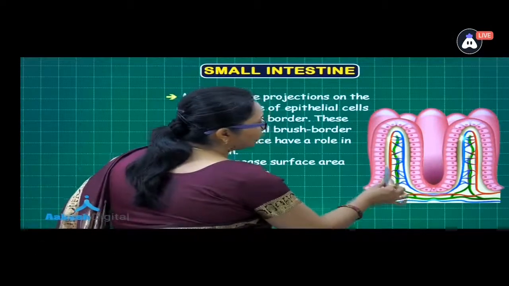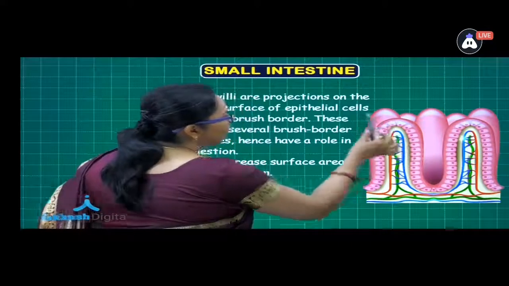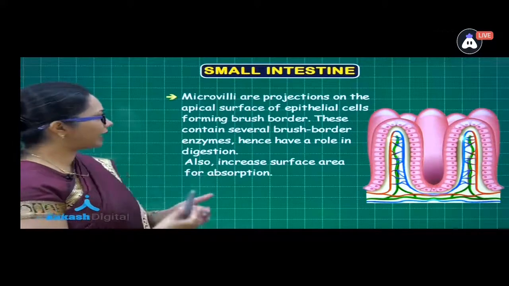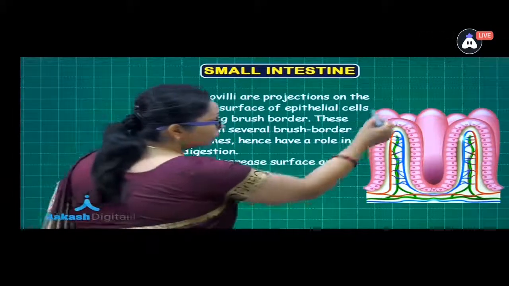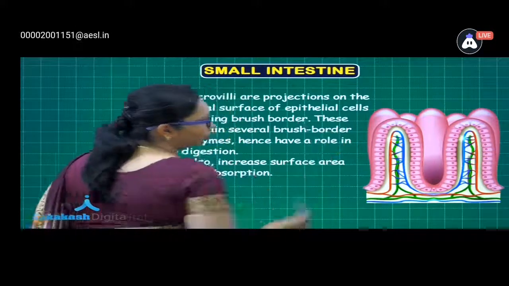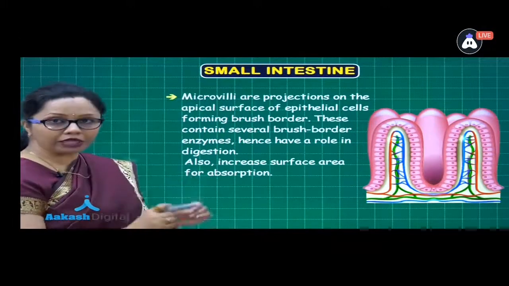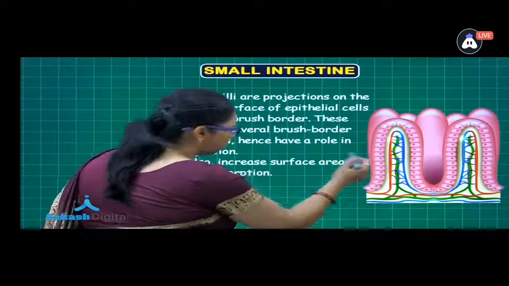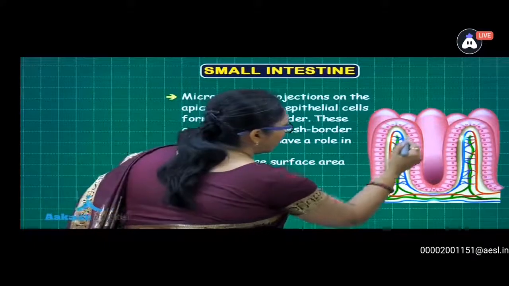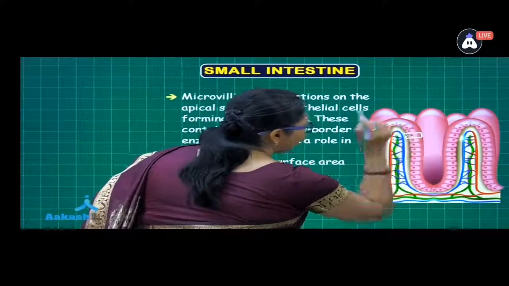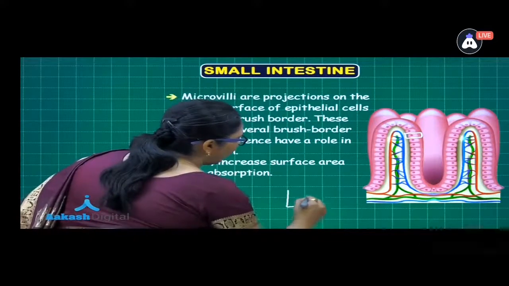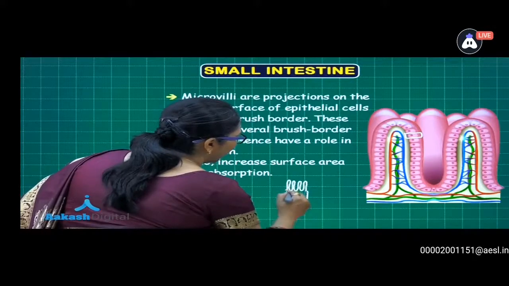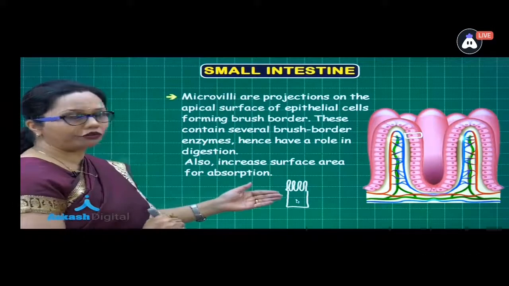And in between these capillaries we can see this green structure, that is actually a lymphatic capillary, and the lymphatic capillary here is called lacteal. And in this villus, if we see these cells, what kind of cells will these be? These are epithelial cells which are columnar and glandular. And if I take one columnar cell out of here, this cell has again finger-like folds, and these finger-like folds are the microvilli.